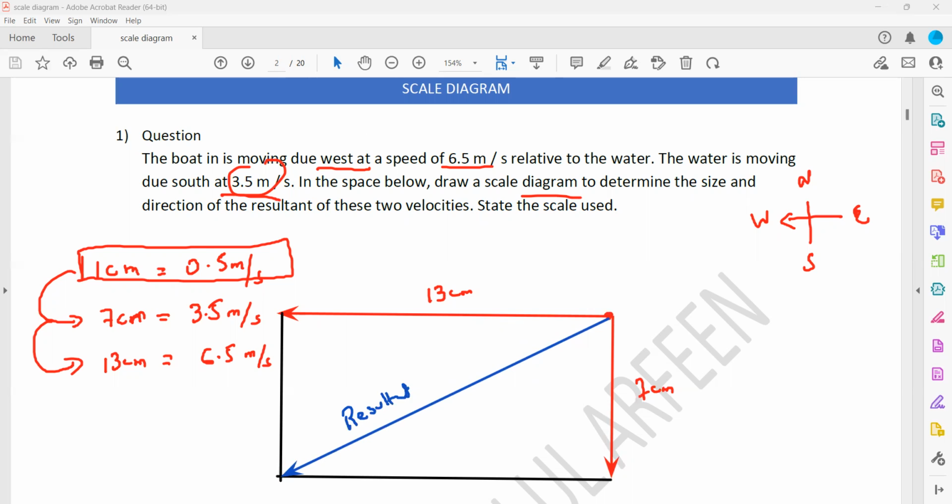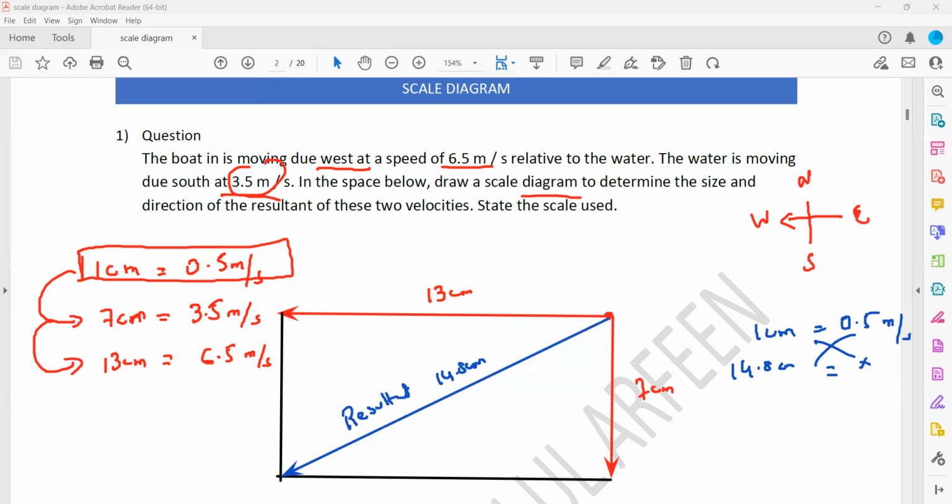Say this is coming out 14.8 centimeters. Then we have to convert into meters per second. If 1 centimeter equals 0.5 meter per second, then 14.8 centimeters will be x.